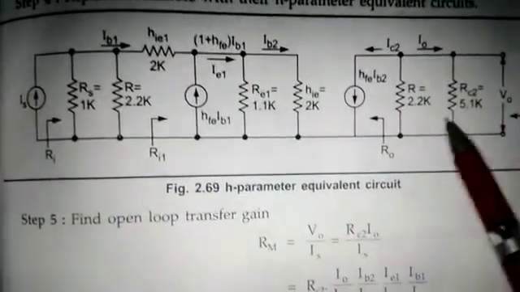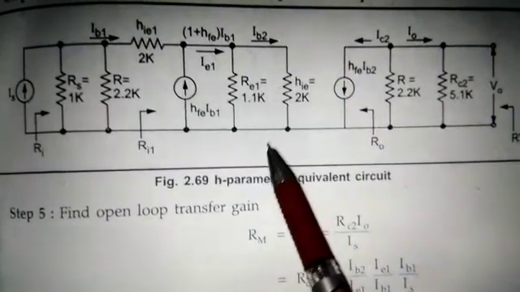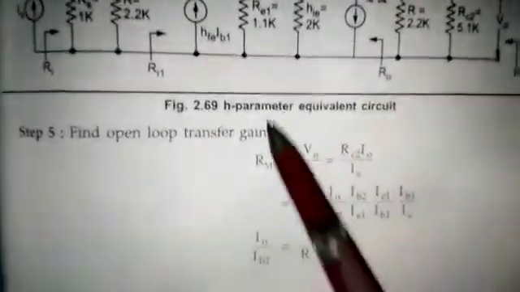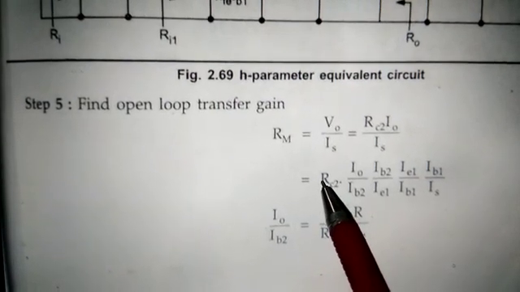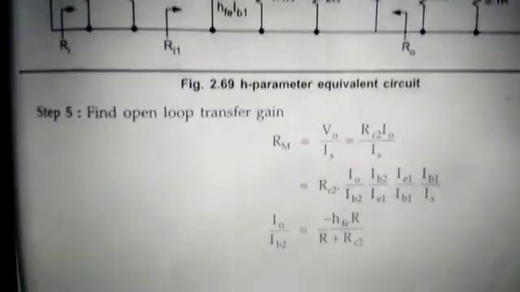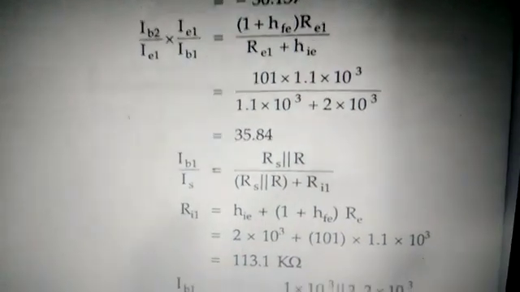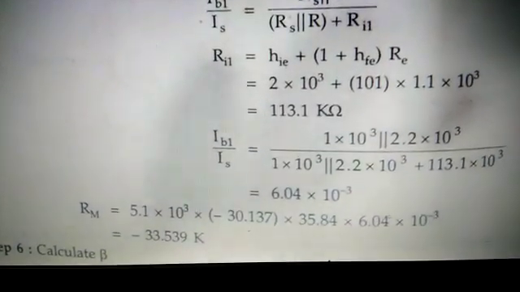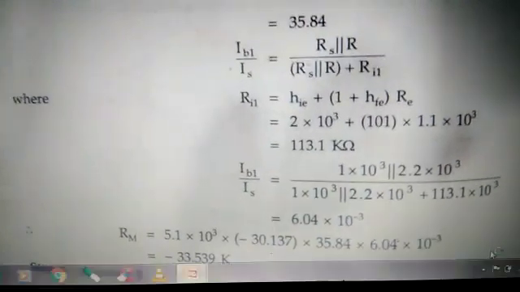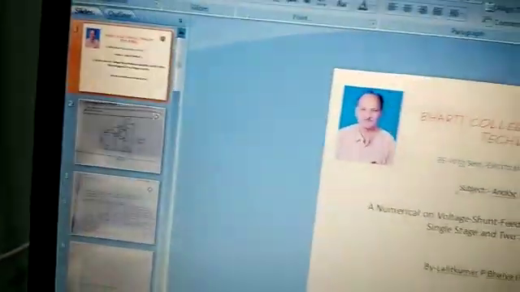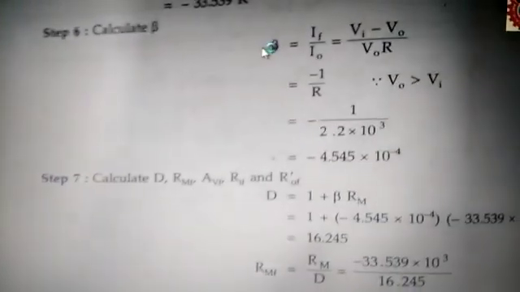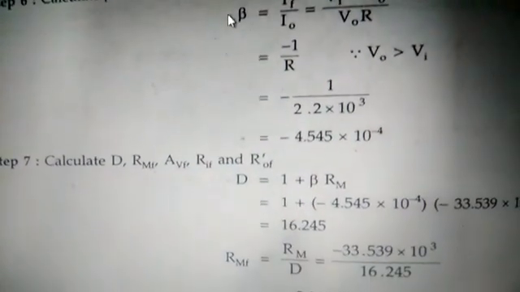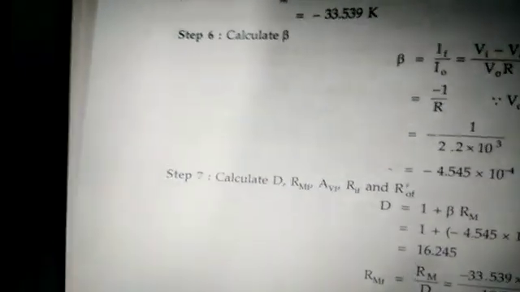So once you get this transistor parameter model for the two-stage amplifier, now you can calculate the open loop transfer gain. What is the open loop transfer gain here? You have to calculate the RM.